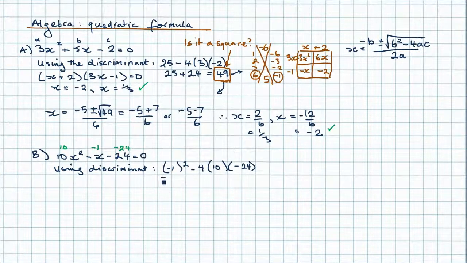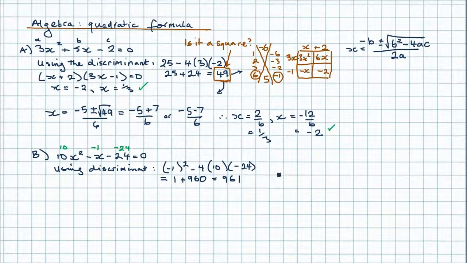Well, we've got 1, because minus 1 squared is 1, minus 4 times, if I combine these brackets here, I've got negative 240, so times minus 4 is going to give me positive 960. And my total there is 961.